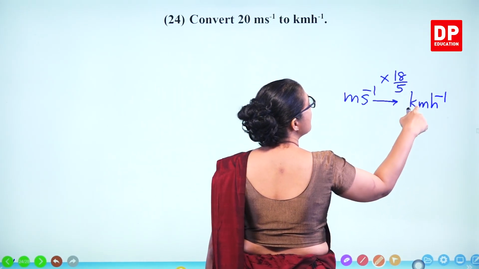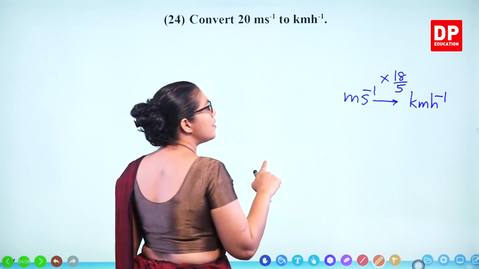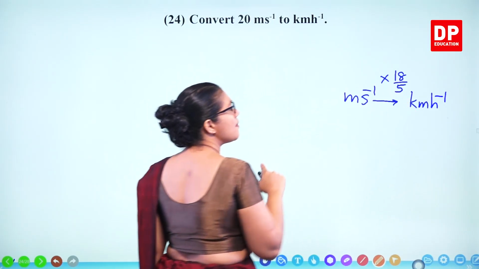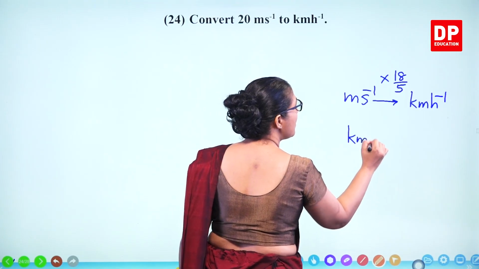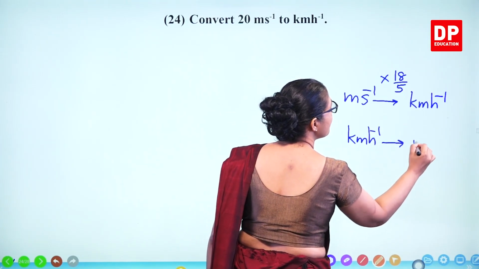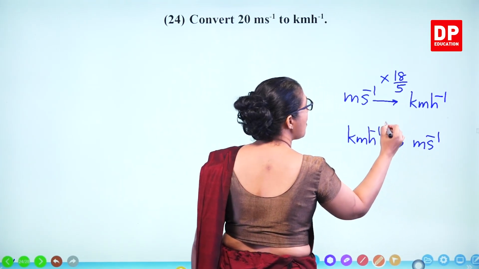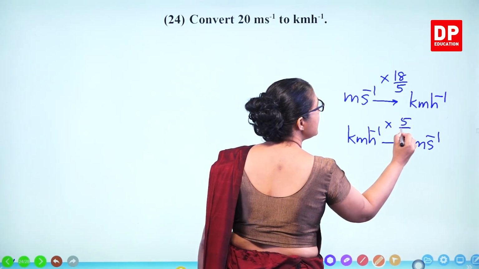Because when you are converting to a bigger unit, this becomes 18 over 5. And the other way around, kilometers per hour converted to this, you multiply by 5 over 18.